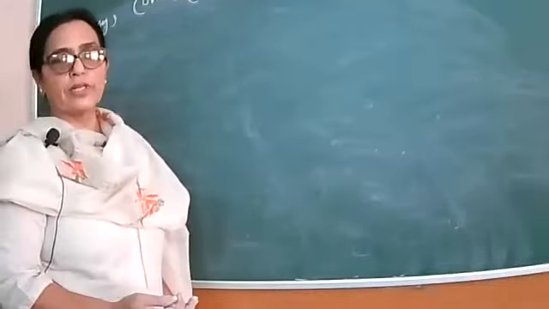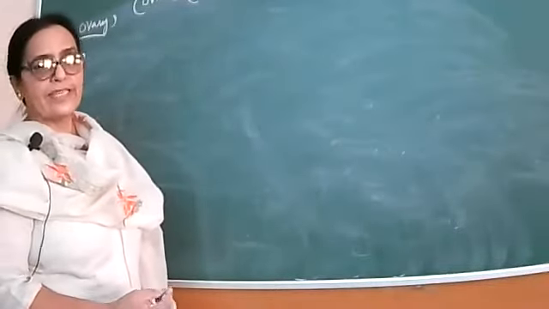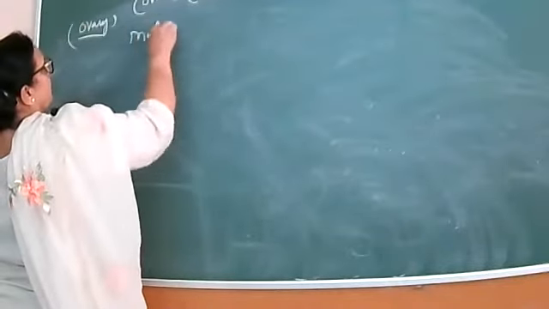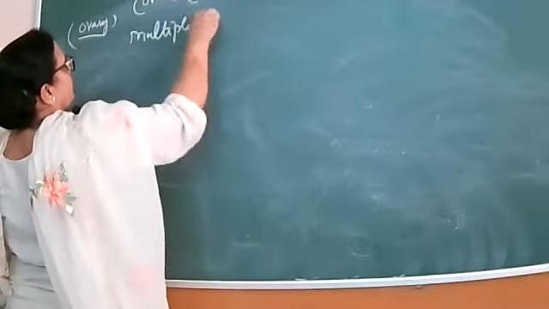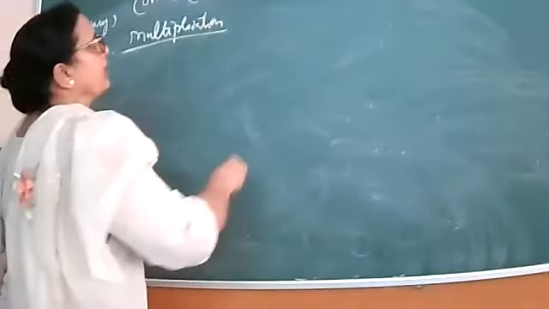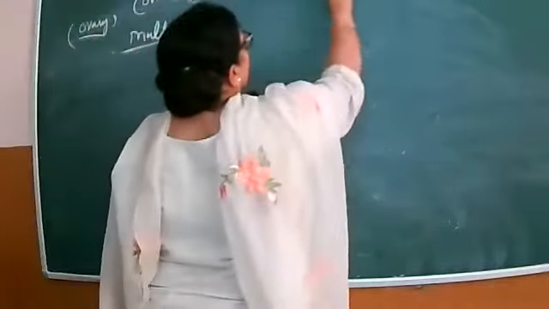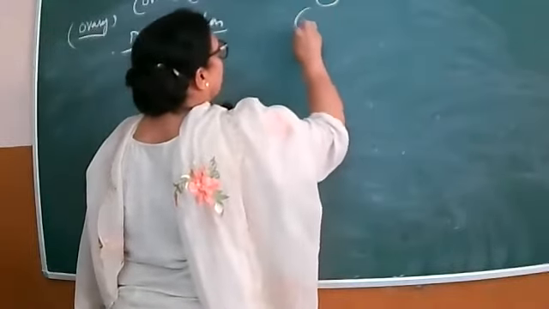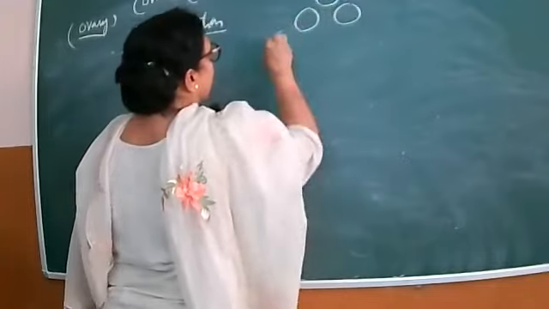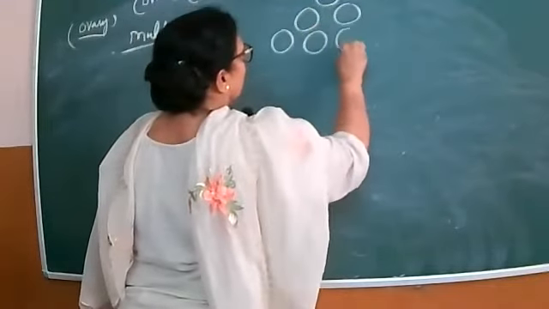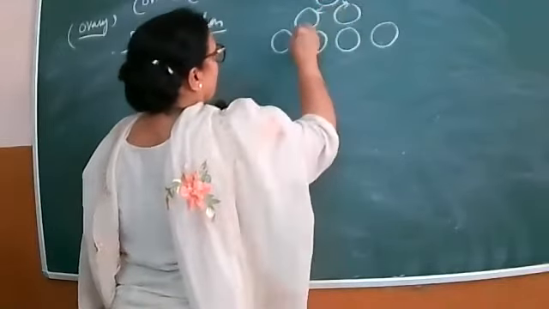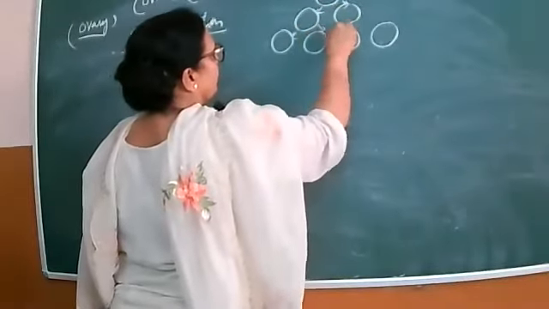Again, from the germinal epithelium, the cells multiply. First, multiplication takes place. The cells multiply from 1 to 2 cells, then from 2 cells to 4 cells, like this. Okay. So what is the mode of division over here?